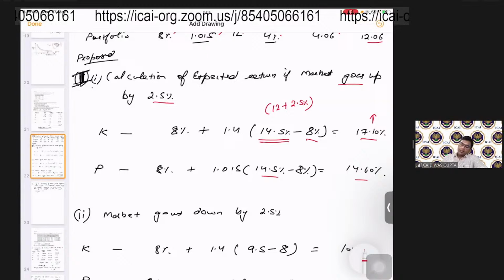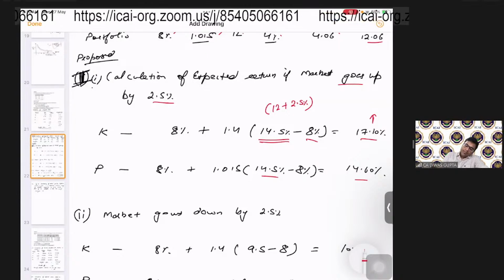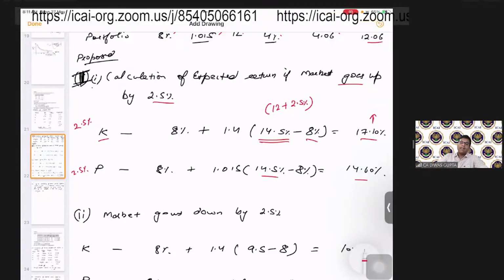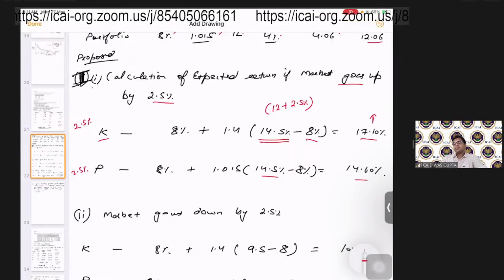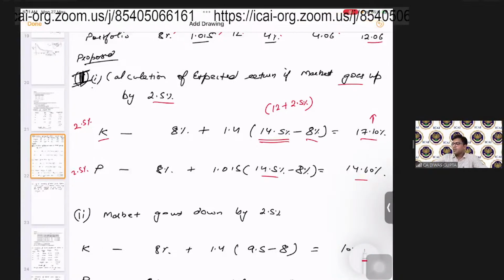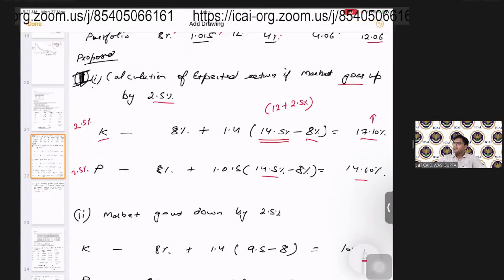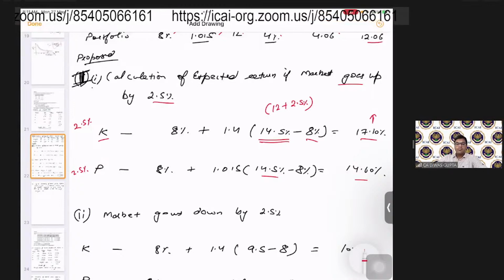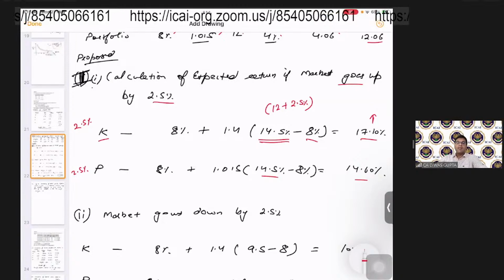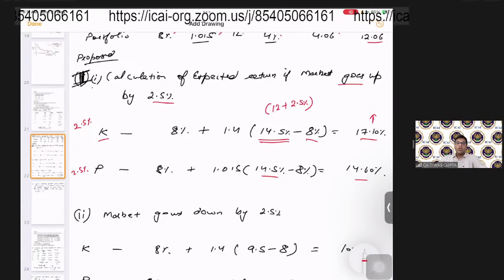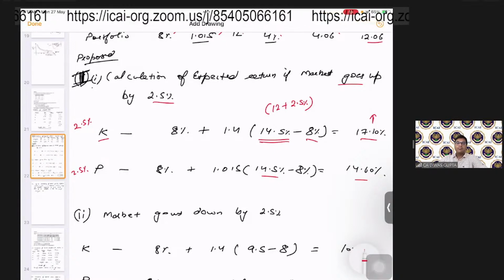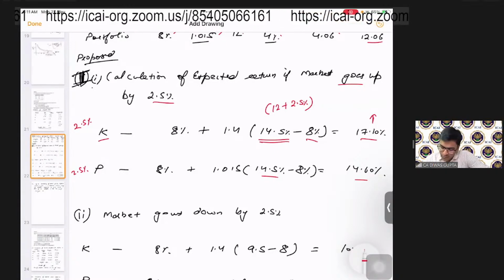My question is that in this case, for the same market increase, Kanakya is giving you a better return. Yes, students, tell me please. Yes, perfect. Prerna, you are right. Abhishek, you are right. It's because of beta, students.